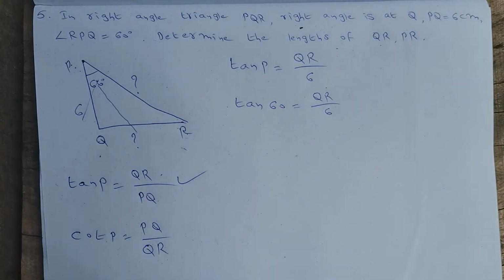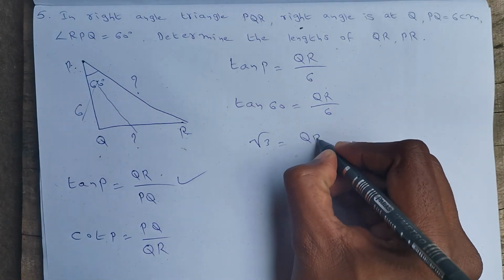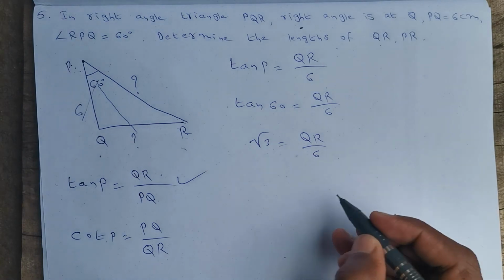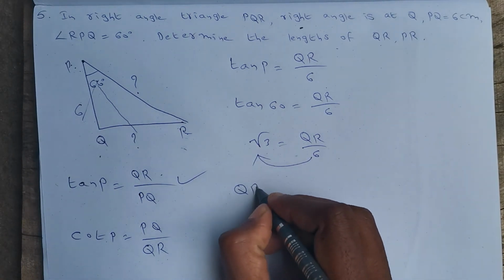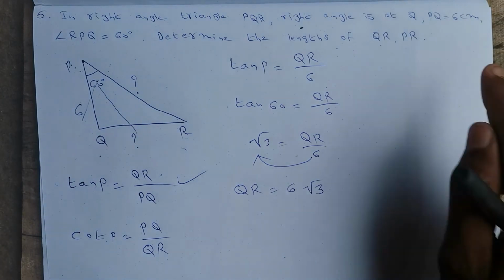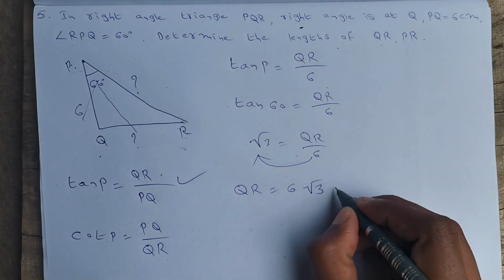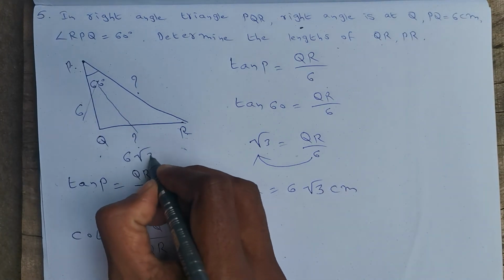Tan 60 value, root 3 is equal to QR by 6. We want QR value, so I will take this 6 to the left side. So QR is equal to 6 times root 3. Remaining measurements are in centimeters, so this is also centimeters. So QR we got as 6 root 3.